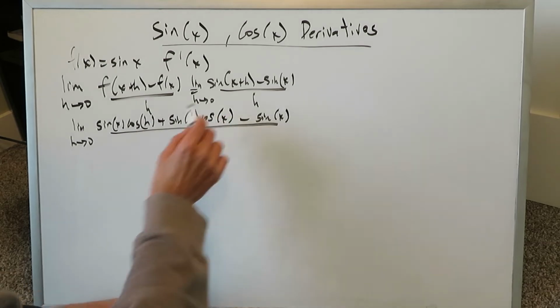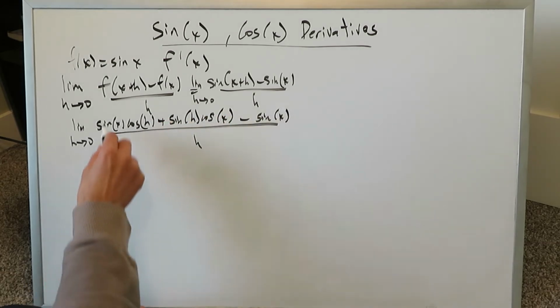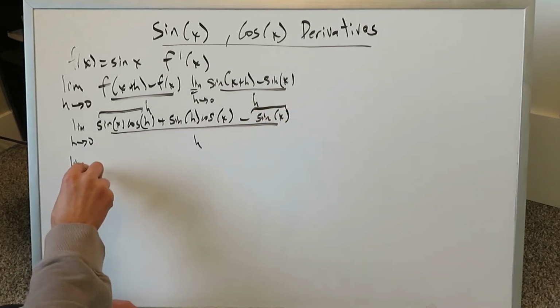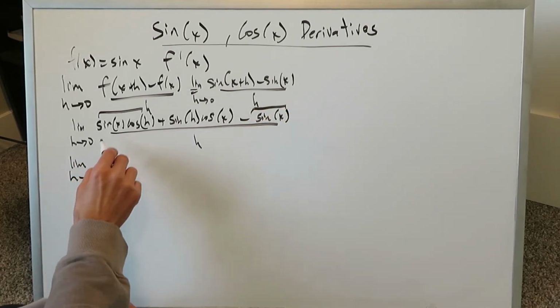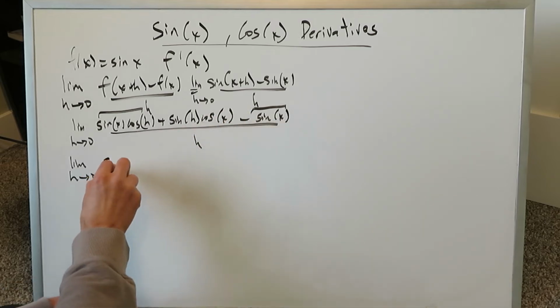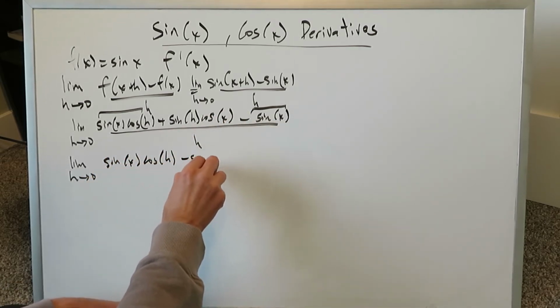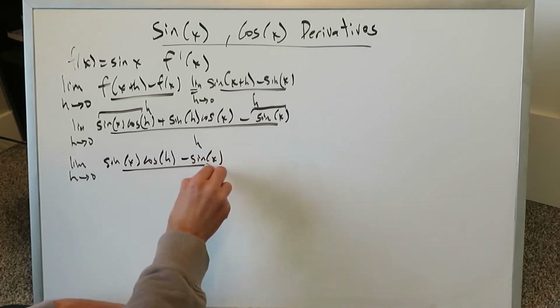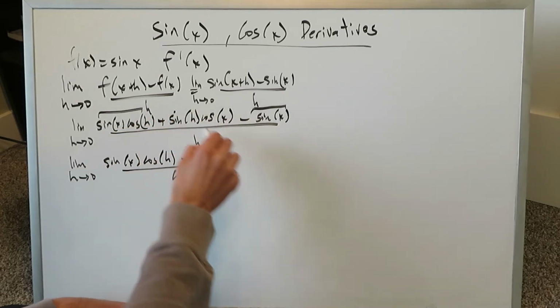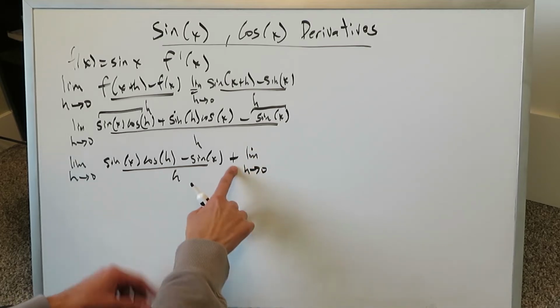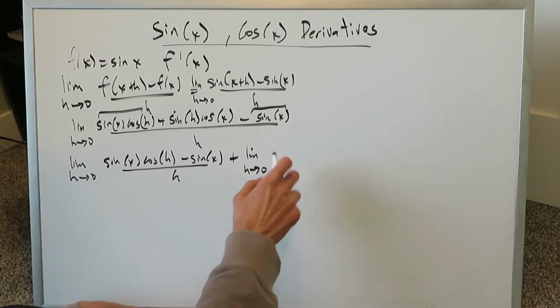When you see all of this, you see a commonality develop right over here, and we'll use that. Limit as h approaches 0, I'm going to bring this with that: sine x cosine h minus sine x all over h, and then I have this plus sign. I'll create a new limit using the sum property of limits.